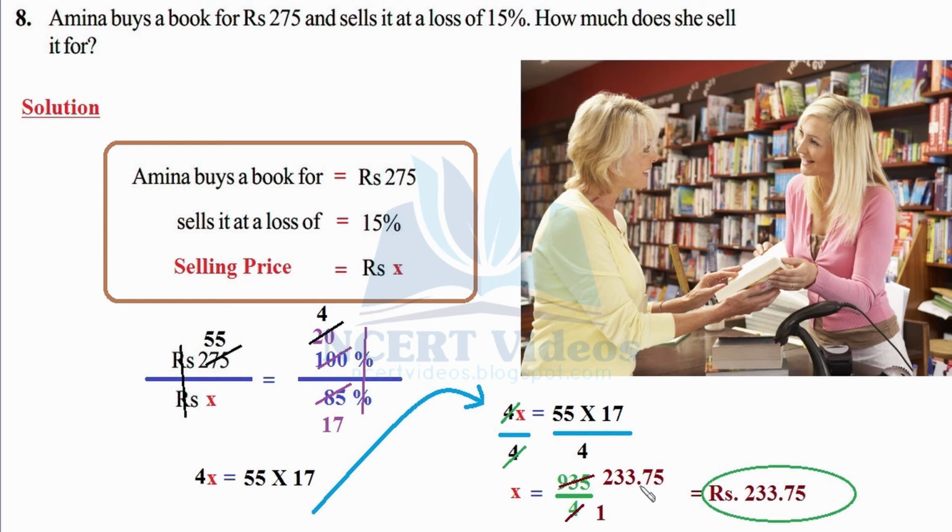Now introducing decimal and writing 0. So 30. Now 4 7s are 28, again 2, 0, 4 5s are 20. You can also do it in your rough if you are facing any problem. So rupees 233.75 will be the selling price, whereas the actual price was 275. Therefore, a loss of 15% incurred by Amina. That is your 8th.